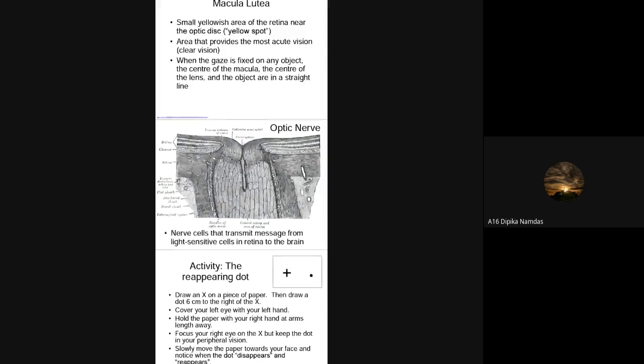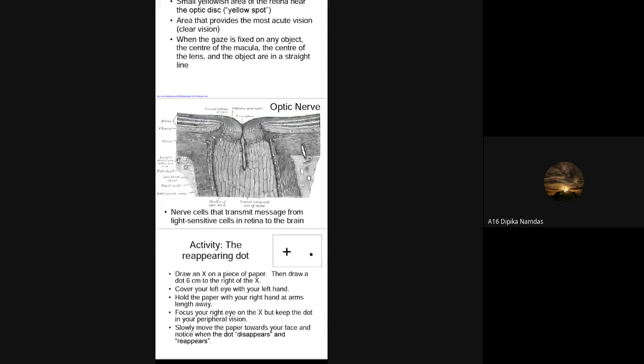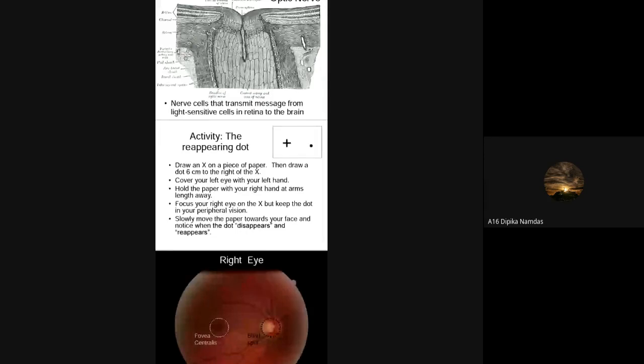Okay, there is a small activity. Depending on this activity, we can identify how clear our eye is, how we can see an object properly. There is one cross and one dot. You can also do this activity at home.